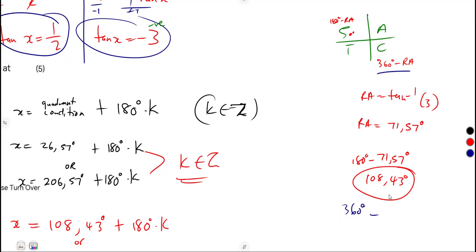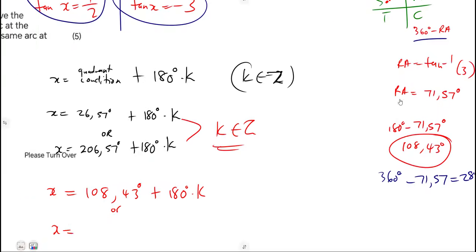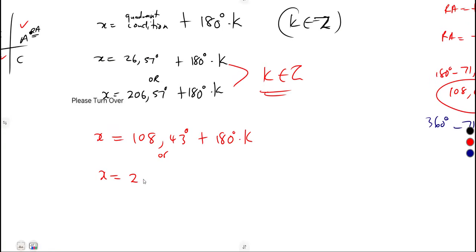Our reference angle is 71,57. So that was going to give us 288,43 degrees. So that's another solution that you're going to have, 288,43 degrees plus 180 degrees times k.